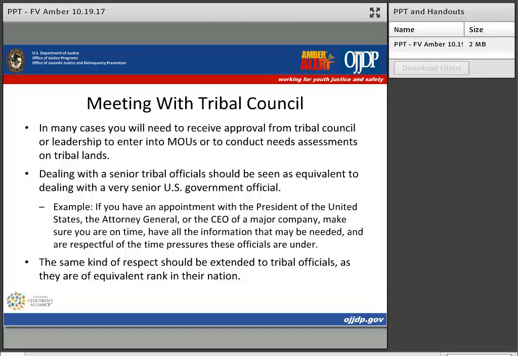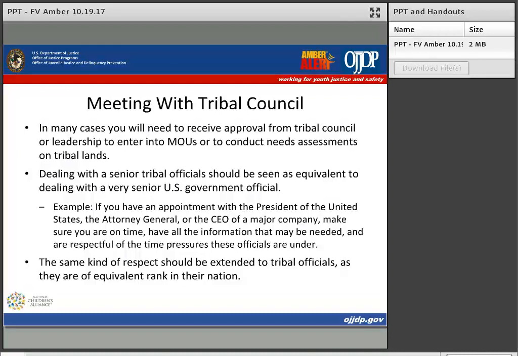One of the keys to entering into an agreement and initiating that assessment is meeting with tribal council. I always recommend this, and I welcome feedback on successes in this area, but you have to understand that you're dealing with a sovereign entity and that meetings with tribal officials need to be approached with that in mind.